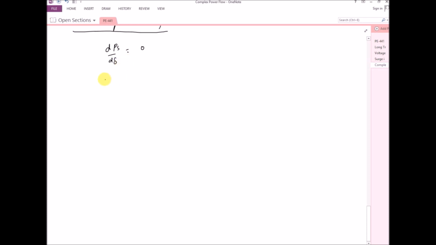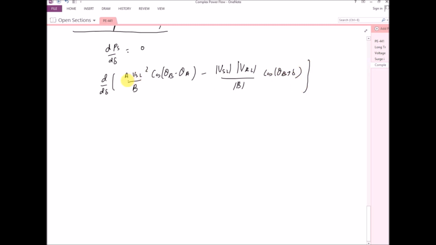So, A VSL square over B cos theta B minus theta A, minus VSL VRL over B cos theta B plus delta. Now all these values, A, B and VSL, are magnitudes, and theta B and theta A are the angles of the constants.